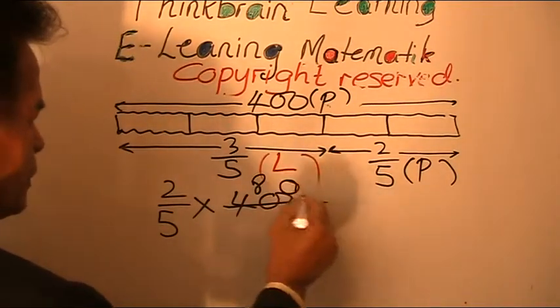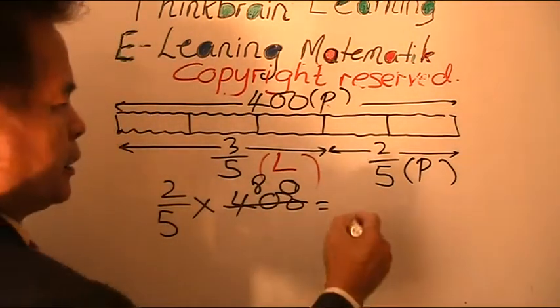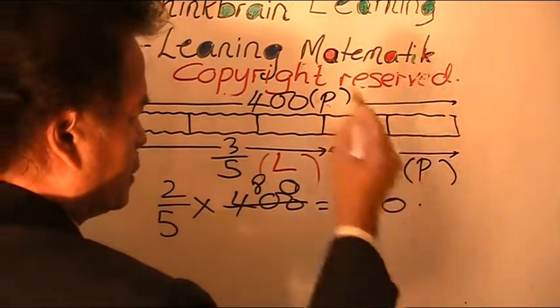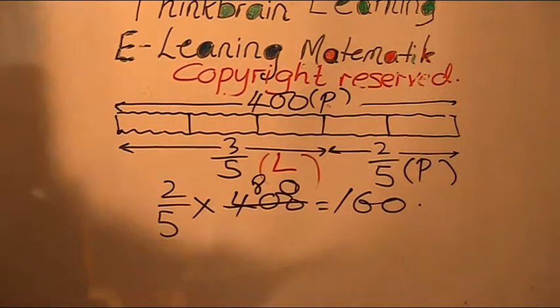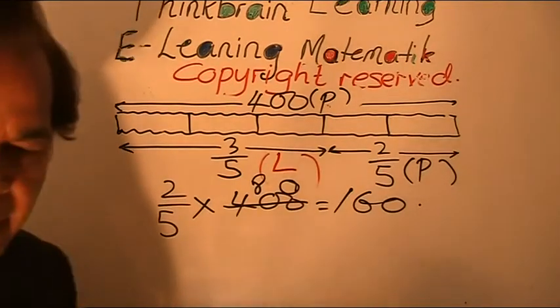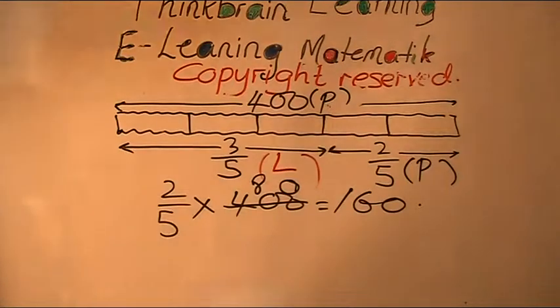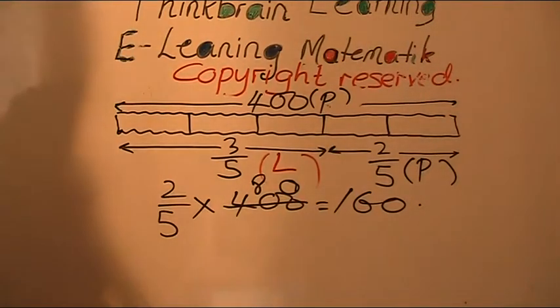So you have 2 times 80, what do you get? Yes, 160. So that is the answer. Jadi itulah jawapan dia. Soalan tanya, berapakah jumlah pelajar perempuan? So itulah yang jawapan.